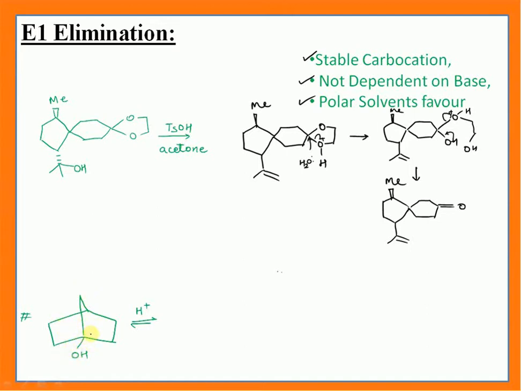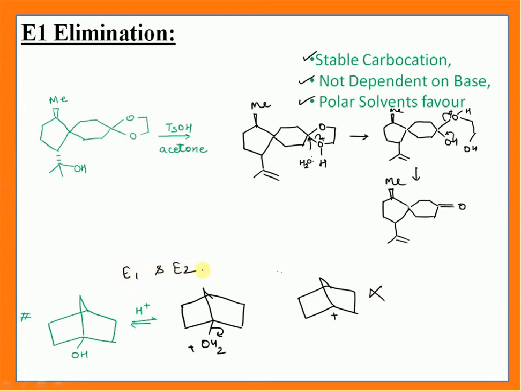When we use this protonic acid, it will protonate this OH to form H2O plus, and when we remove it, a positive charge develops here, which cannot be true for this structure. It cannot be planar in nature. If we have a positive charge here, suppose like this, it should have a planar structure, because a carbocation has a planar structure, so it cannot be true. That is why it cannot show E1 as well as E2 elimination.